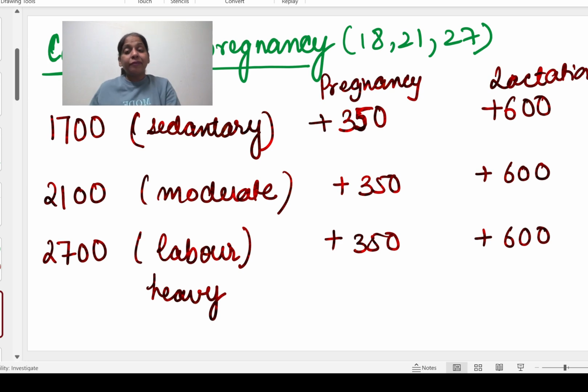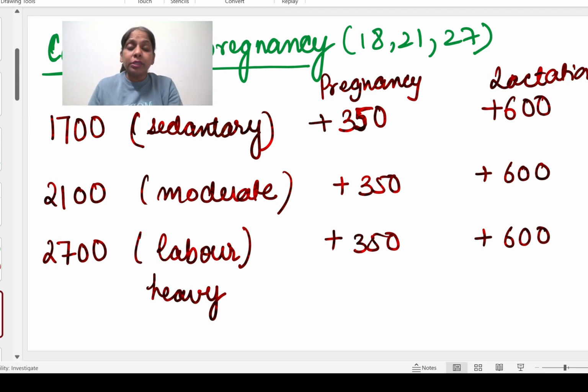Okay, and if the lady is pregnant, then you have to add 350 in each of these kilocalorie values. And if the lady is lactating, for the first 6 months you have to add 600 kilocalories.